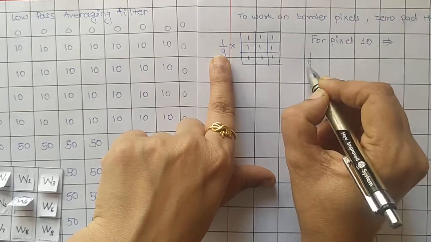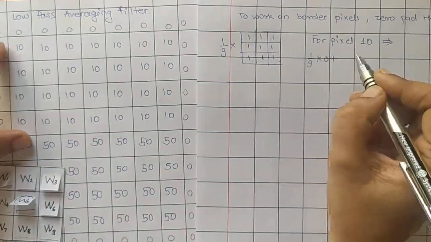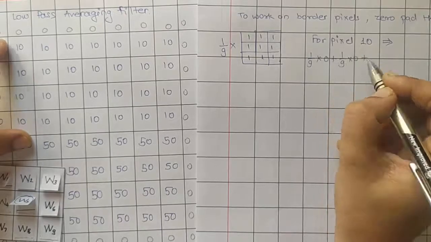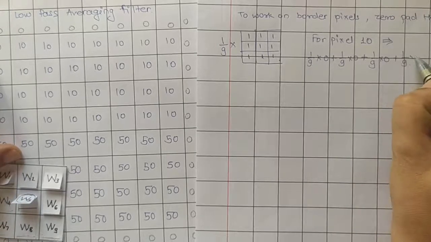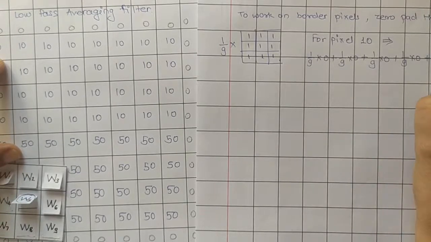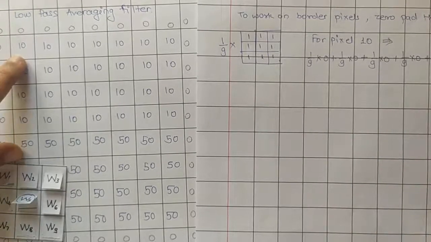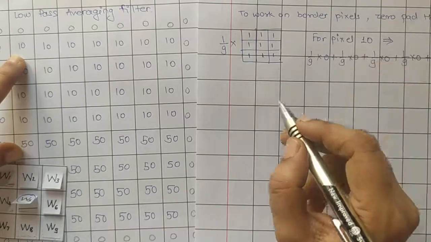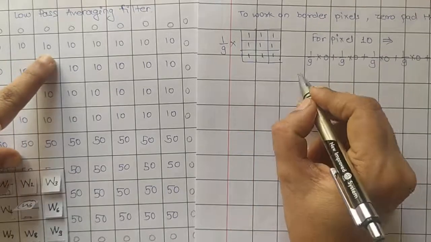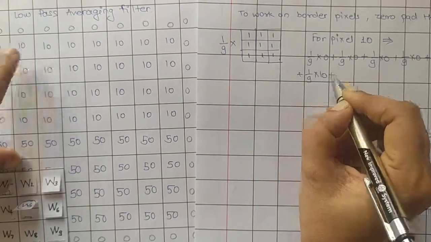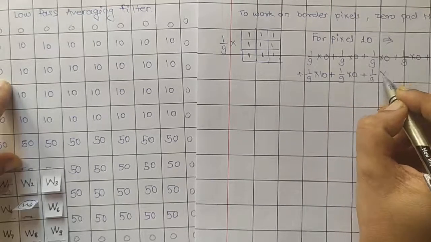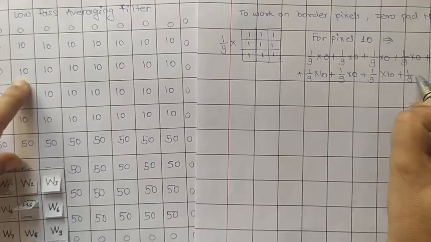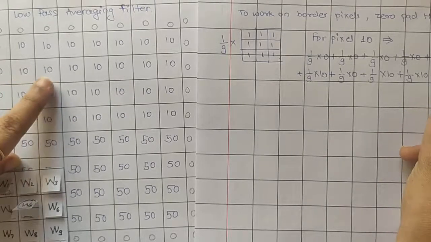So 1 by 9 into 0 plus 1 by 9 into 0 plus 1 by 9 into 0 plus 1 by 9 into 0 plus 1 by 9 into 10 plus 1 by 9 into 10 plus 1 by 9 into 10 plus 1 by 9 into 0 plus 1 by 9 into 10 plus 1 by 9 into 10 plus 1 by 9 into 10.